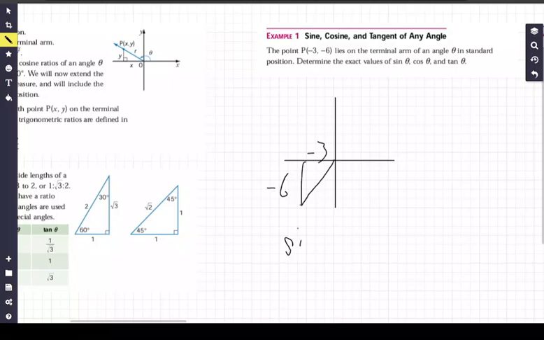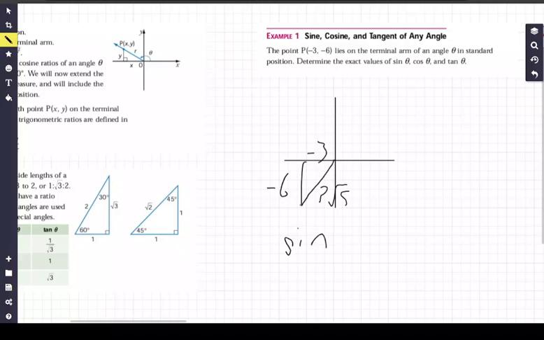For the hypotenuse, this is going to be 9 plus 36, I'm sorry, which is square root 45. Square root 45 can also be simplified. Remember we did that earlier, so we take out a 9, so this becomes 3 root 5.